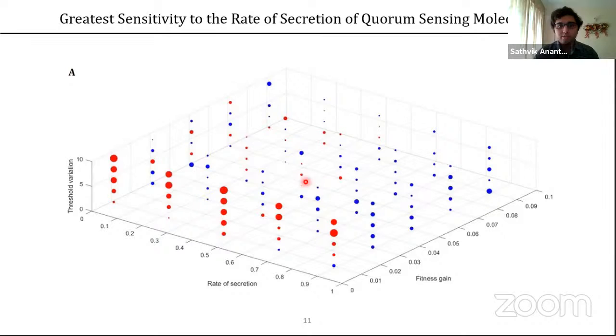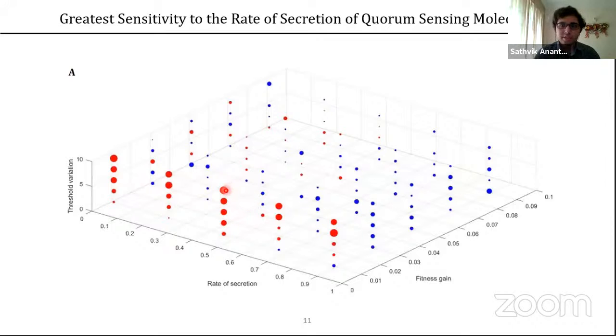We're comparing the populations of each strain at the end of the run. So there are 125 different parameter sets being considered, and for each parameter set, we ran it for 50 steps, which corresponds to 500 minutes, and these are averaged over 100 different runs for each parameter set.